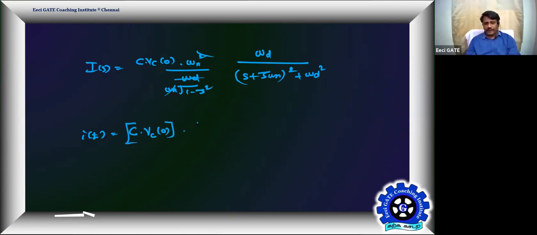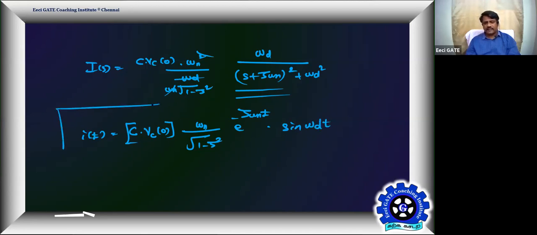So C·VC(0), the charge, into ωn by root of 1 minus ζ² into Laplace inverse of this, which will be e^(−ζωn·t) into sin(ωd·t). That will be the discharging current in the capacitor in the RLC second order circuit.